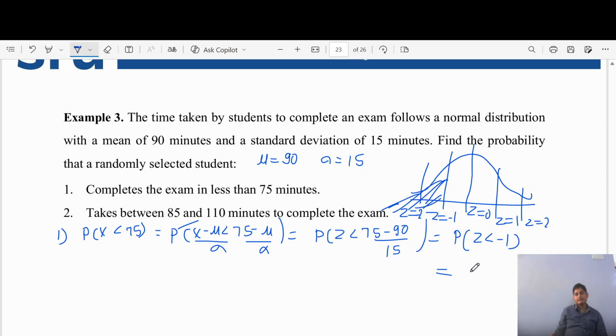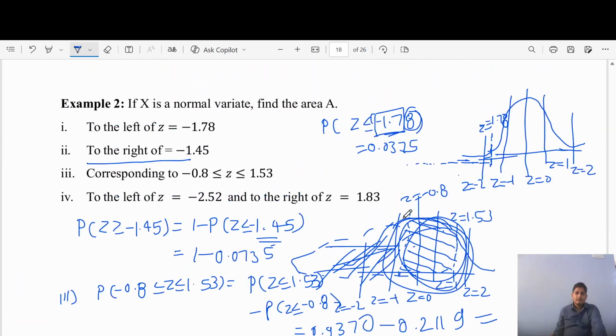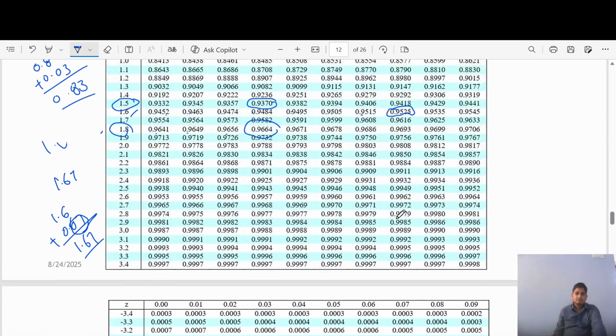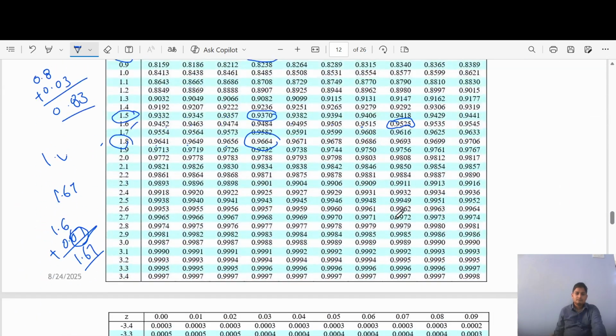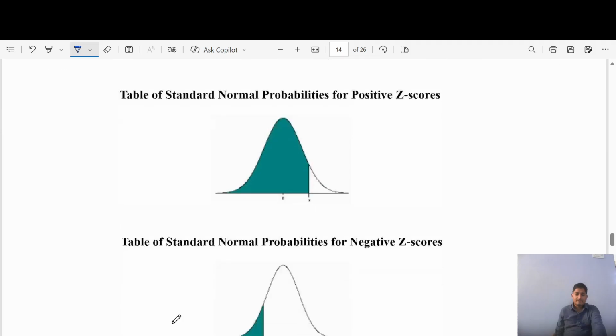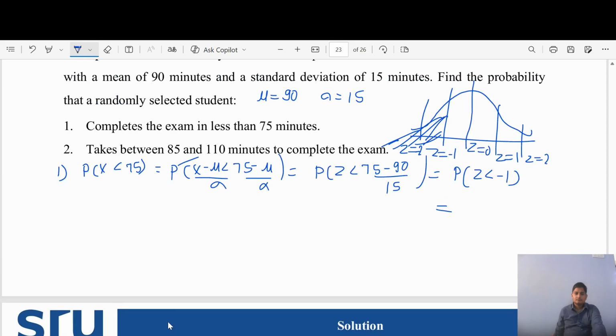So we evaluate by using the table. Minus 1.0 means 0.1587.